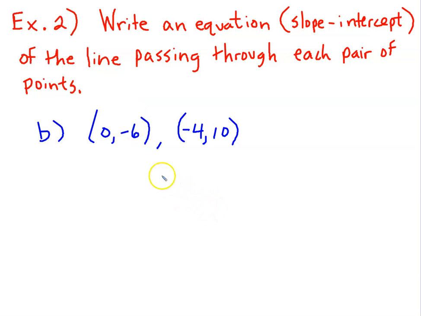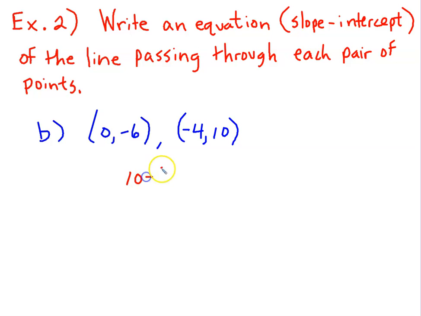Okay, this one is a similar problem. It's just that we know the y-intercept. We just don't know the slope, so we can find the slope, and then we can use -6 as the y-intercept.